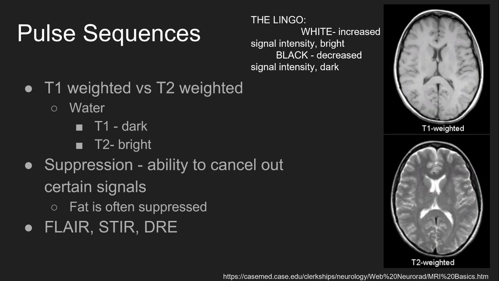Suppression can help identify the composition of certain structures as well as gain better visibility of surrounding structures. While T1 and T2 weighted are most common, many other sequences such as FLAIR, STIR, and DRE are available and will be discussed later on in your education. Of note, gadolinium is the most common IV contrast used in MRI, compared to iodinated contrast used for CT. Structures that enhance with contrast administration appear bright on T1.